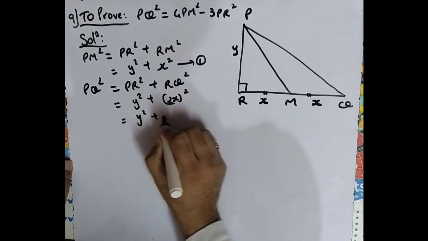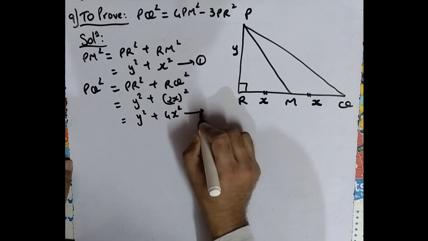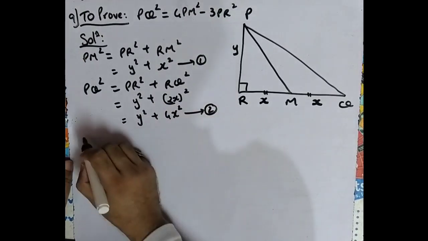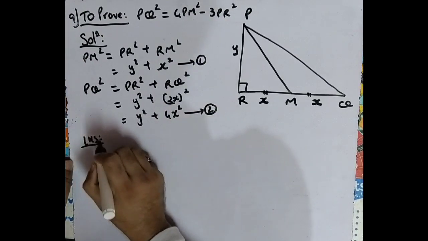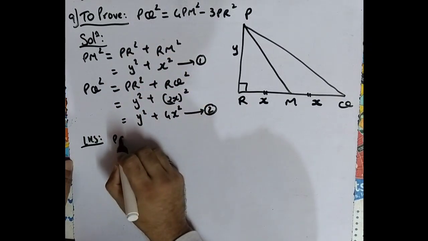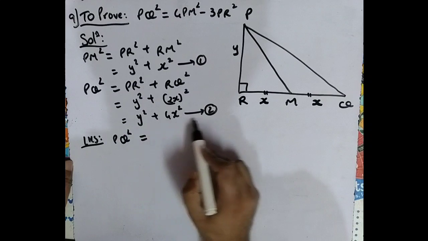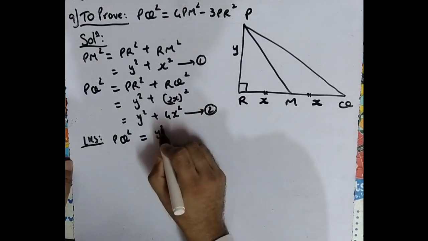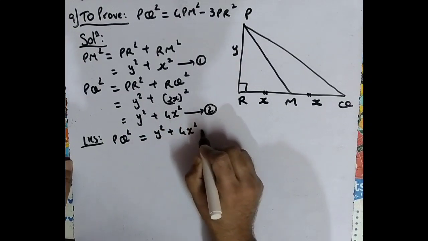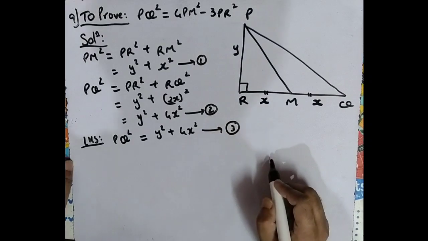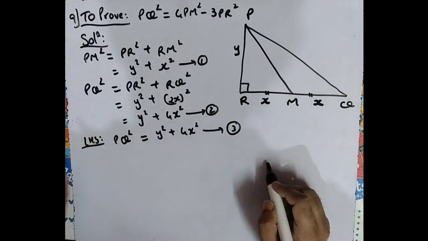So Y square plus 4X square, statement number 2. Now we will take LHS. LHS is PQ square and PQ square value we have over here in statement number 2: Y square plus 4X square. LHS we have solved and we will name that as statement number 3.